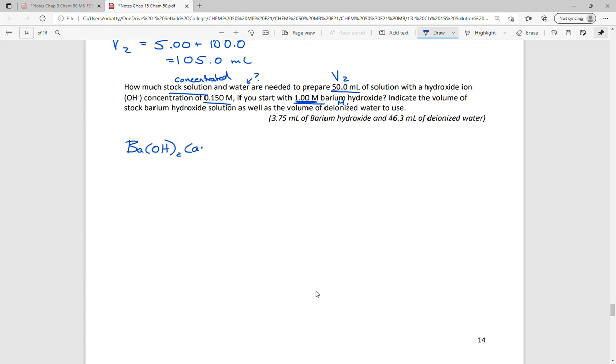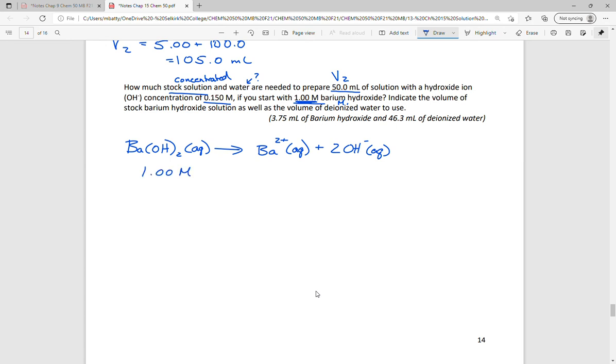if it's in solution and it ionizes, I would have barium ions in solution. This time I remembered the states. And hydroxide ions in solution. And so what we're starting with is 1.00 molar.